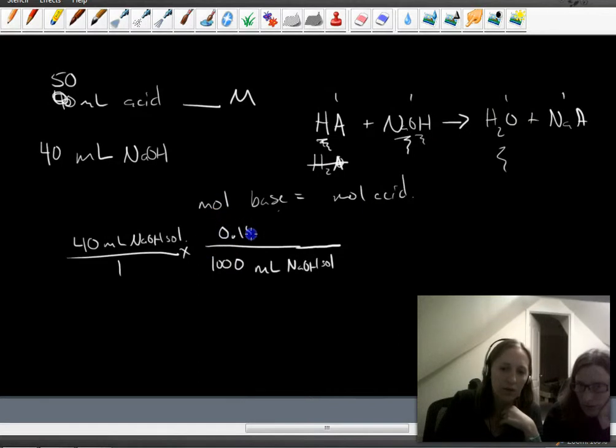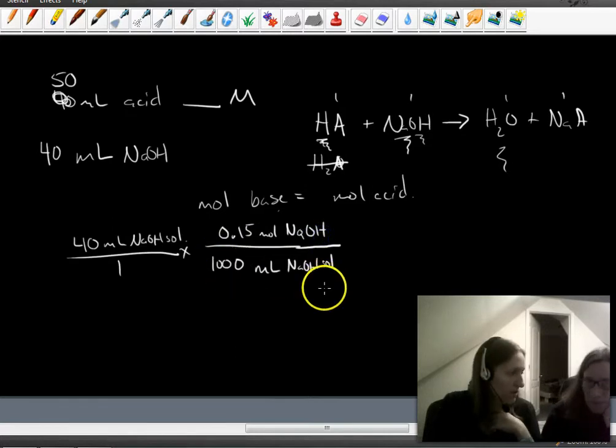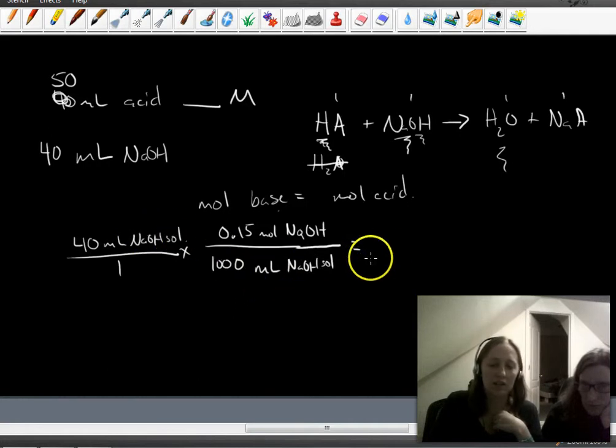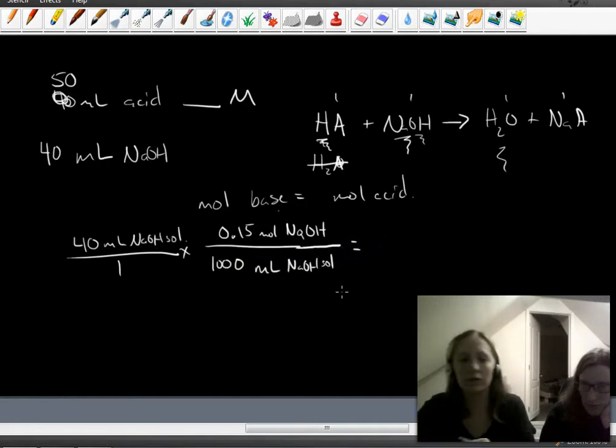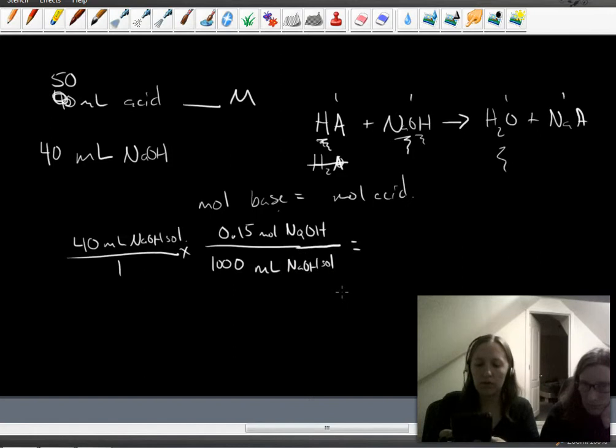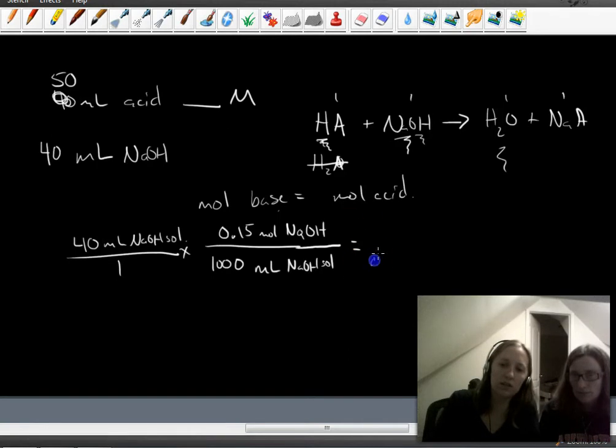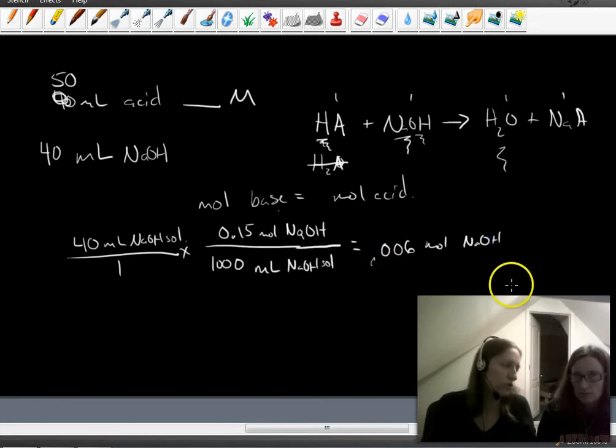Yeah, 0.15 moles of sodium hydroxide are in 1,000 milliliters of sodium hydroxide solution. And what that's going to give us is 40 times 0.15 divided by 1,000. So that's 0.006 moles of sodium hydroxide. That's how many moles of sodium hydroxide we dripped in.